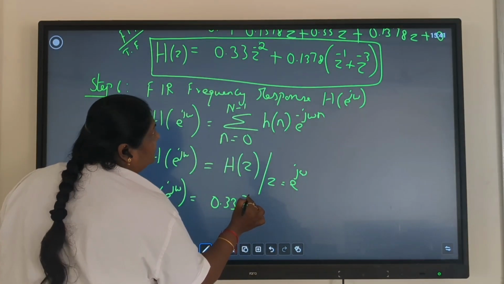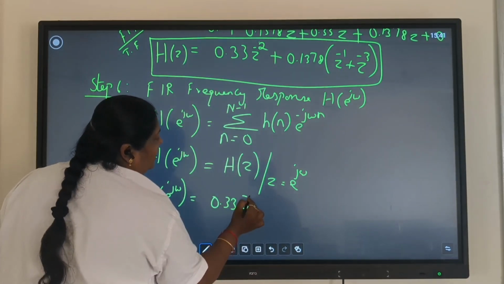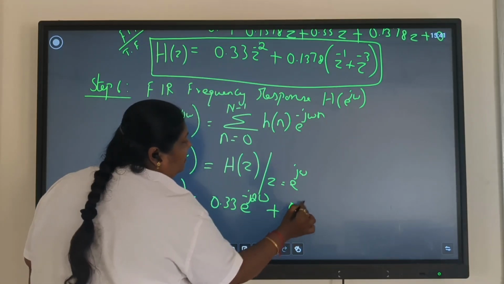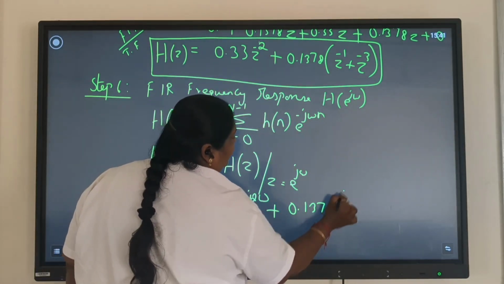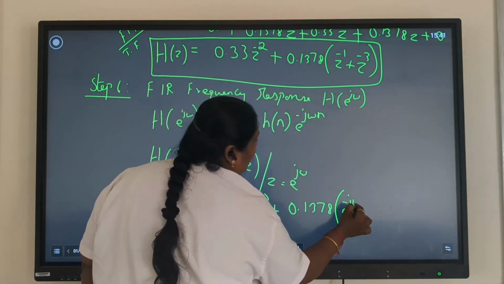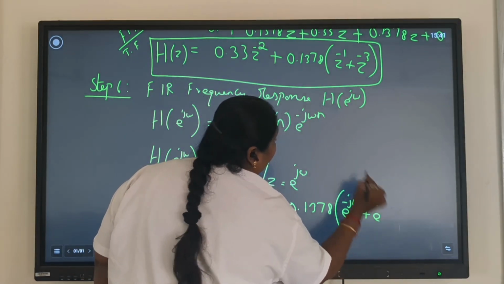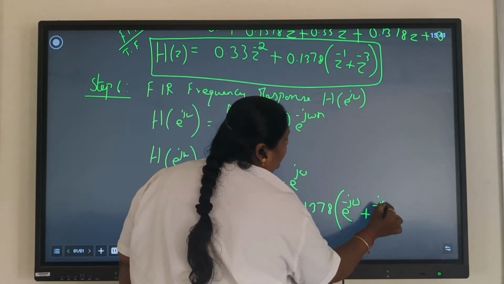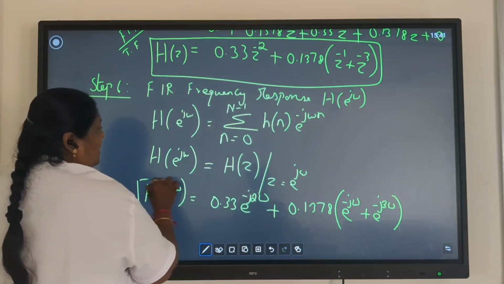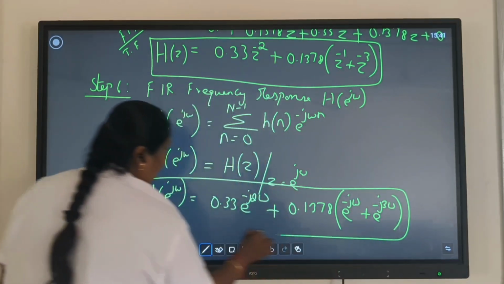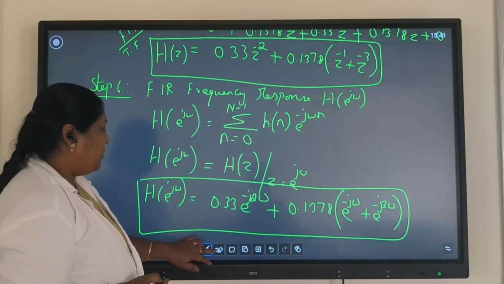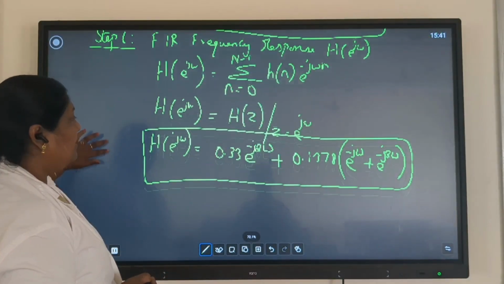So e power minus j 2 omega, plus 0.1378 into e power minus j omega, plus e power minus j 3 omega. Now this is my Fourier transformation frequency response.